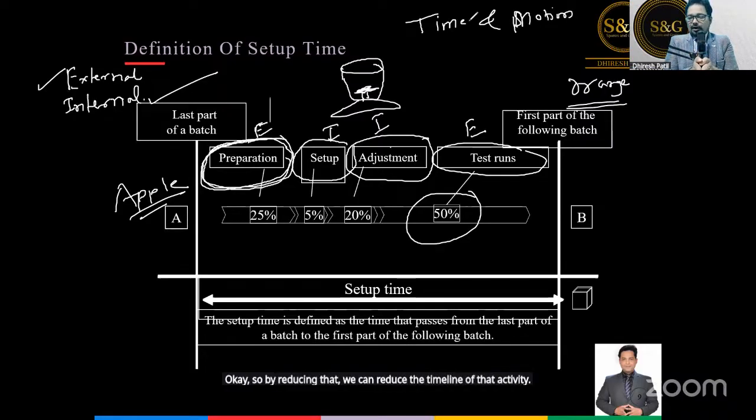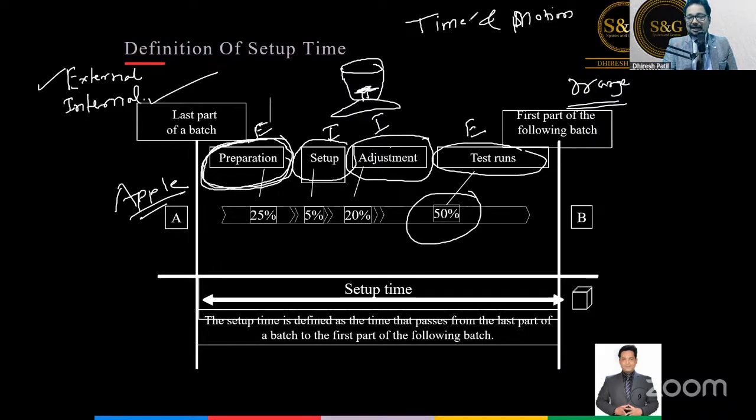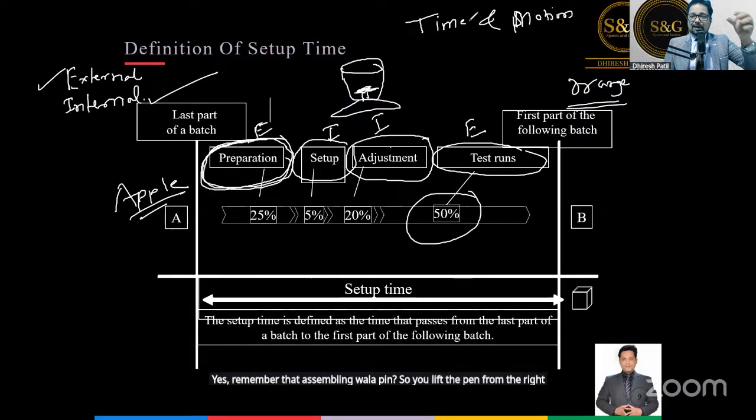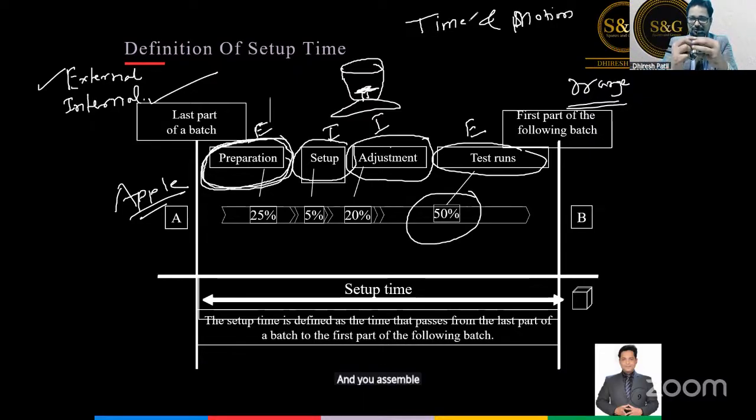If you remember that day I gave that example of assembling the pen. How many of you remember that example of assembling the pen? So you lift the pen from the right hand, lift the cap from the left hand, and you assemble it. You insert it and rotate it to lock. So these are the four-step activity. Now, in time and motion study, we will see the opportunity: can we do it with both hands?